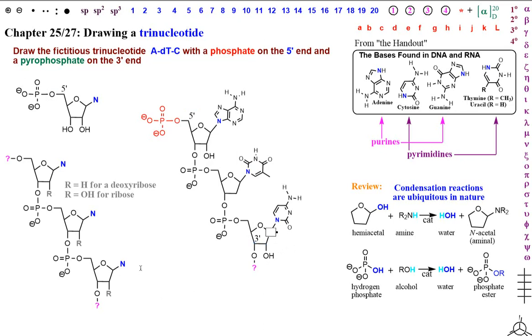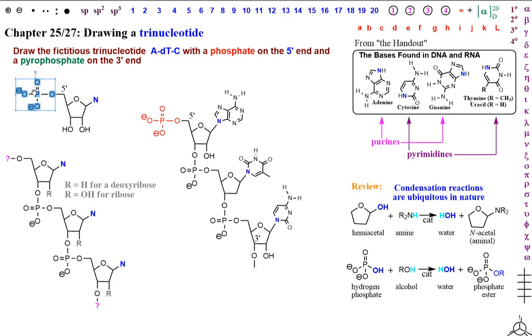And we want to draw a pyrophosphate. What does that mean? Well, in English, the word pyro, as in pyromania, refers to heat. If you heat up phosphoric acid, you can make it form an anhydride, a dimer. And that would look like 2 phosphoric groups linked together with an anhydride.